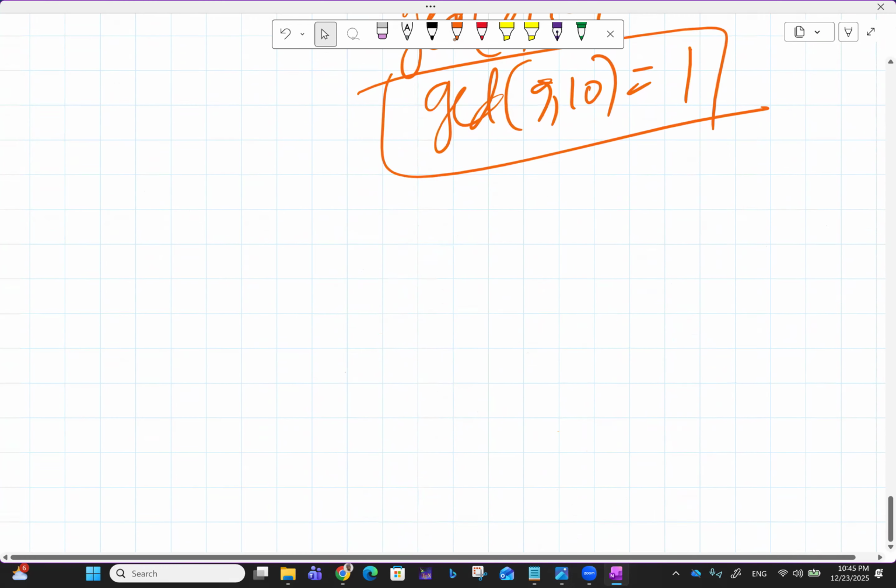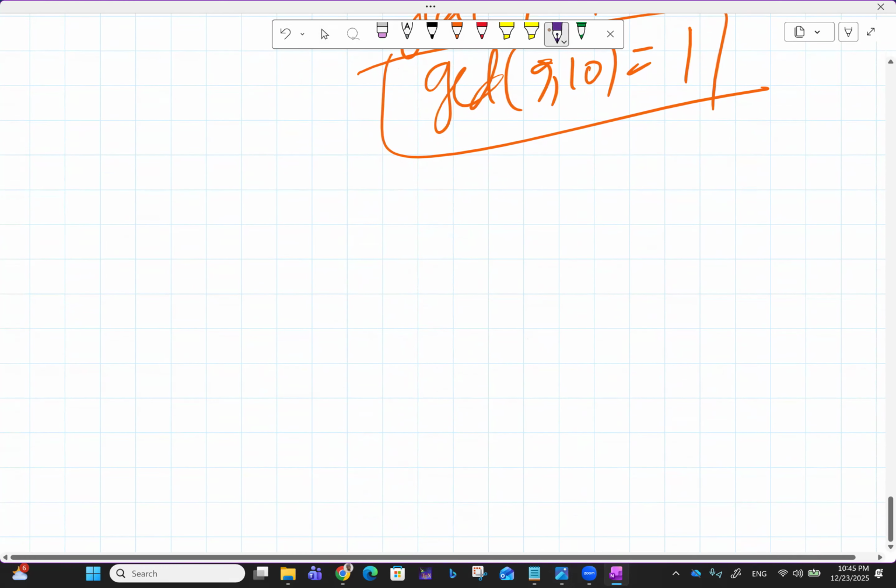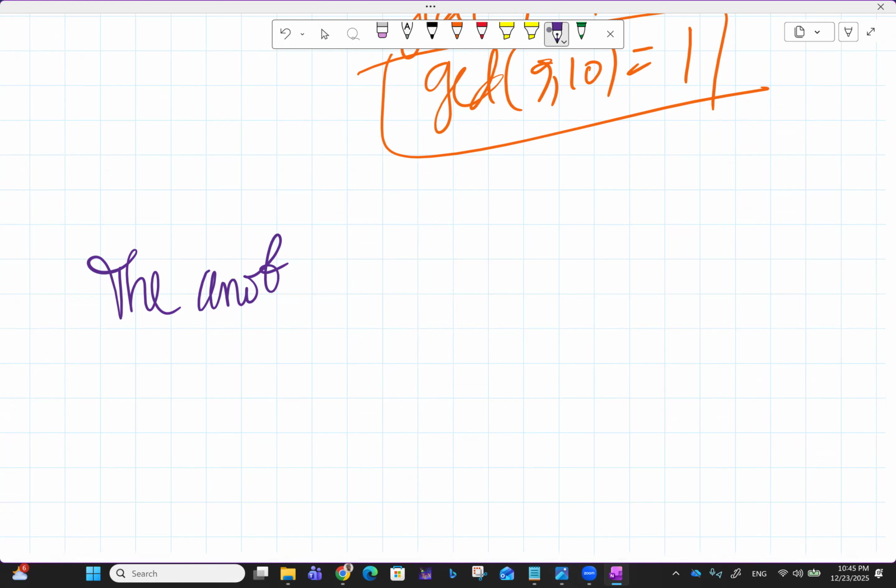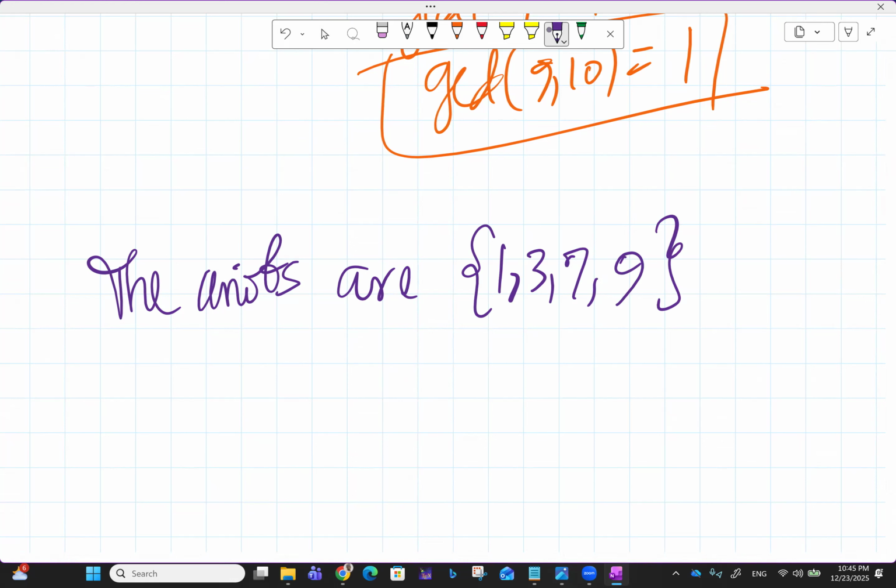So the units are those that satisfy that gcd condition. That's 1, 3, 5, 7. Sorry, 5 is not there. 1, 3, 7, and 9. These are the units.